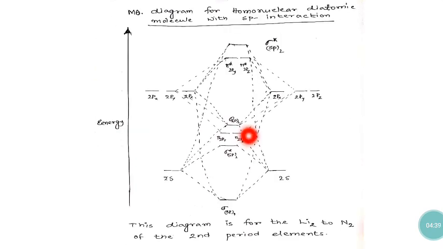Here you can see the molecular orbital representation with sp interaction. Here the 2s and 2s atomic orbitals behave similarly to the 1s and 1s atomic orbitals.